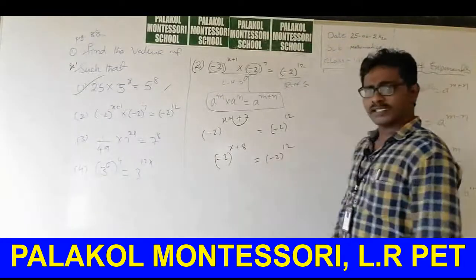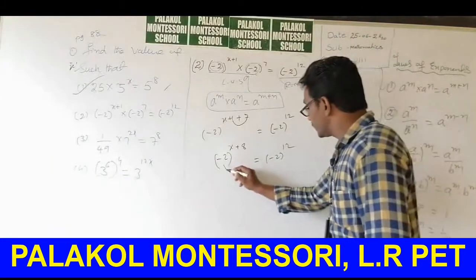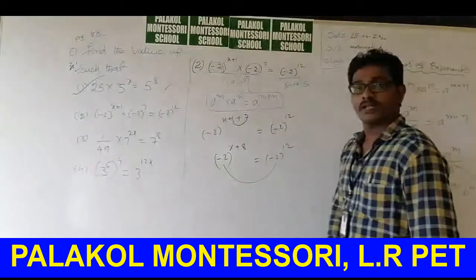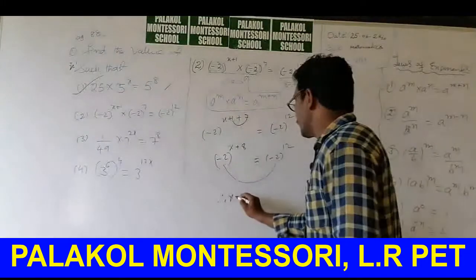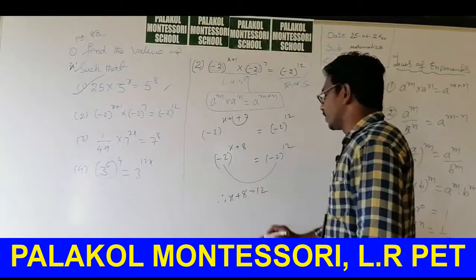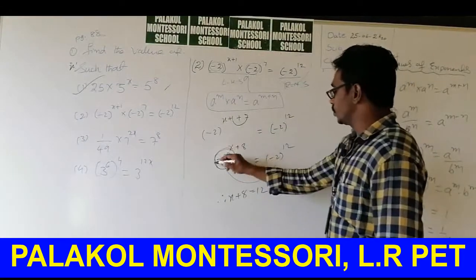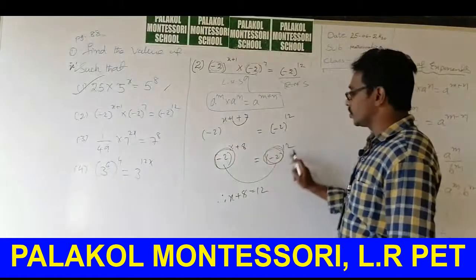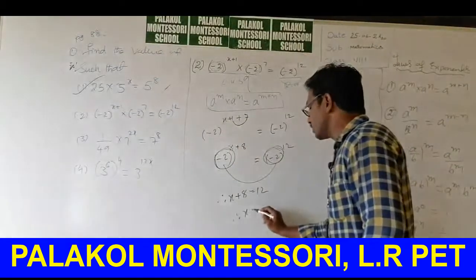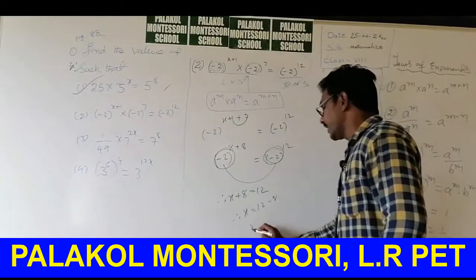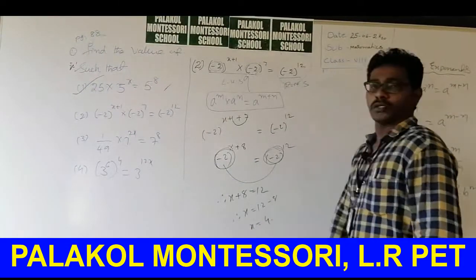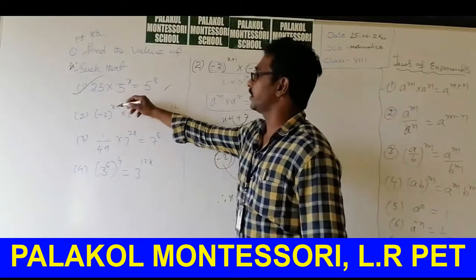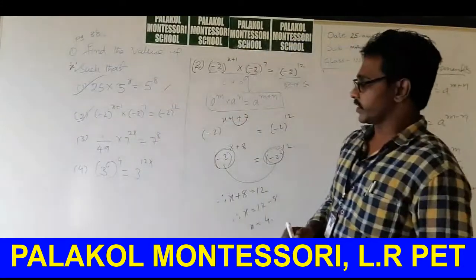Here the bases are the same, so the exponents are also equal. x plus 8 is equal to 12. Therefore x is equal to 12 minus 8, x is equal to 4. The sum is over. The variable is found. This one is also finished.